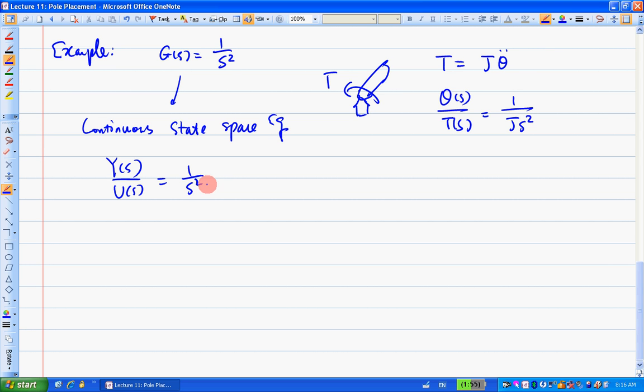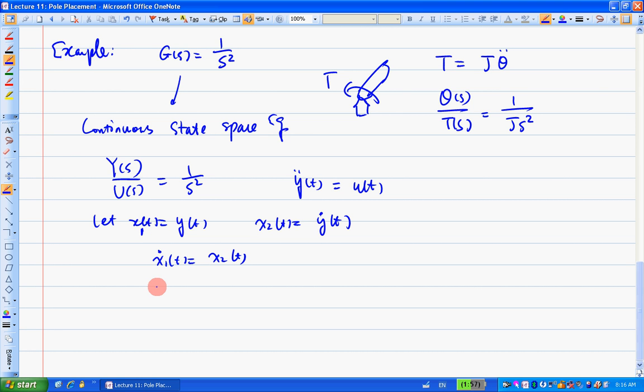Now, if you remember the way we write the continuous state space equation, you can do y double dot(t) equal to u(t). Then you can let x1(t) equal y(t), x2(t) equal y dot, which means x1 dot equals x2(t), and x2 dot equals y double dot, which equals u(t), right?